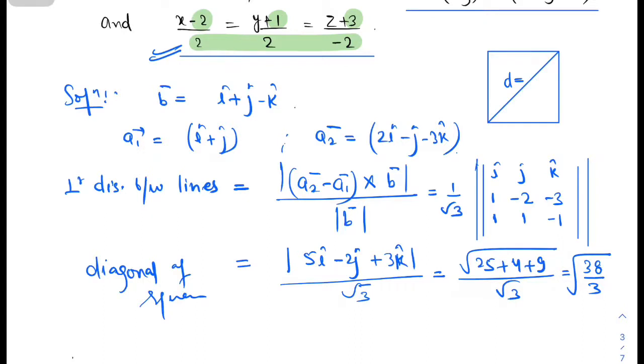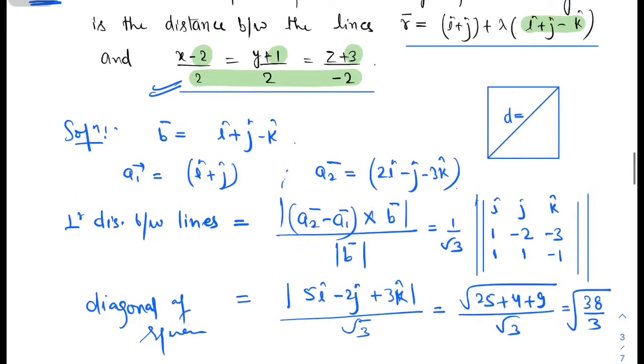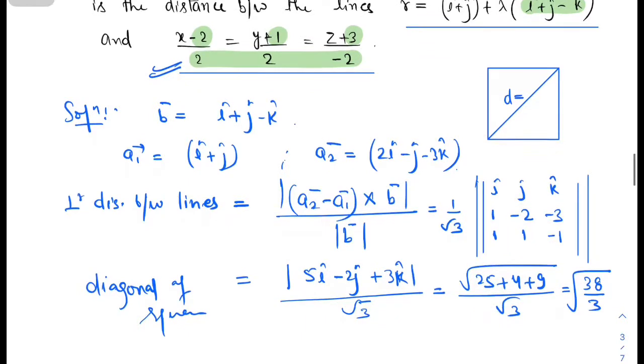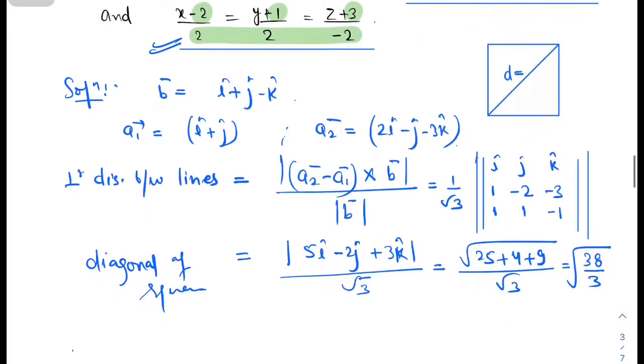Okay, so yes, we can now calculate what is the area. If d is the diagonal, and let's say a are the sides, so 2a square is what, d square, Pythagoras. This a square plus a square will be equal to d square, and we are required to find what, a square, no, area is a square, that is d square upon 2.